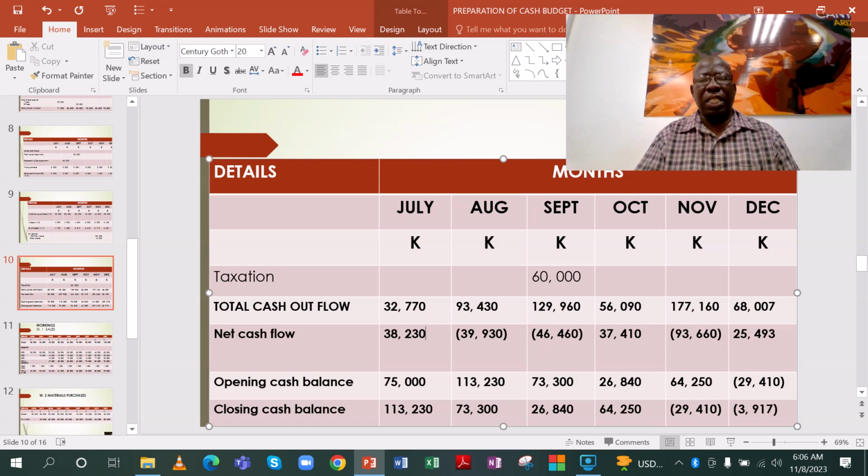So you have 113,230 as the opening cash balance, where you expect to have a cash deficit of 39,930, because the cash outflow is expected to be more than the cash inflow.